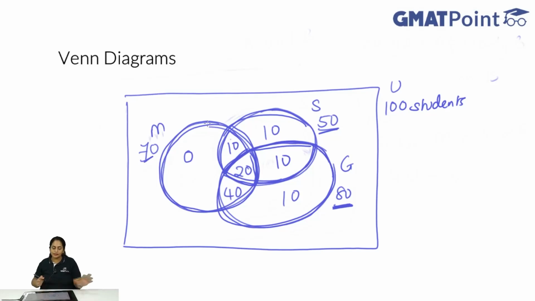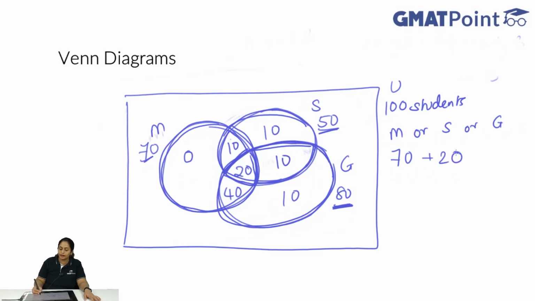Now using this information, can you tell me how many students are studying neither of the three topics? So how many are studying either maths or science or geography? How many are studying maths? There are 70 who are studying maths. So over here there are 70. How many are studying science but not maths? That would be this 10 over here plus 10 over here.